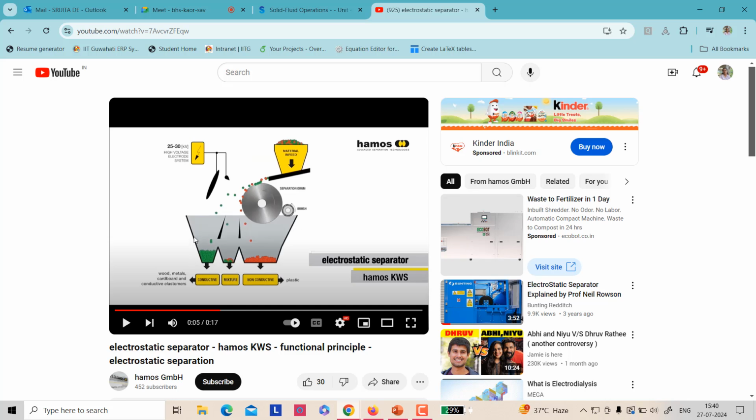On this conductor, the charged materials are collected first, and all the non-charged material is collected in the red portion. The voltage is given here, and due to that, the green particles are separated from the red particles. This is the basic principle of the electrostatic separator.